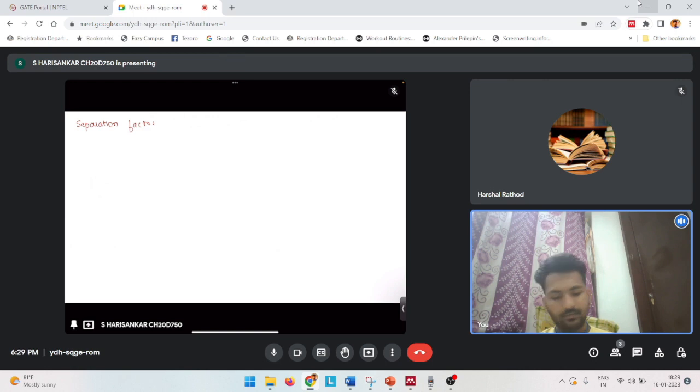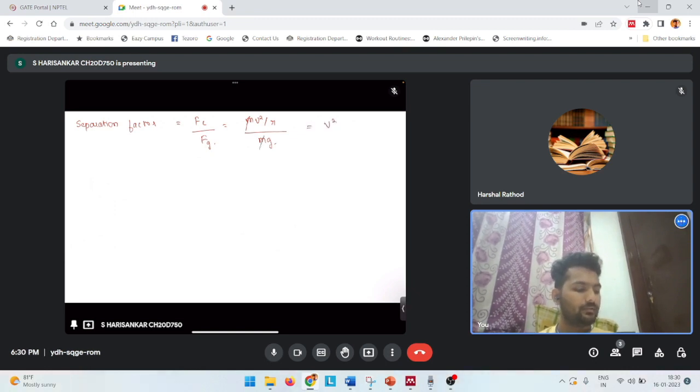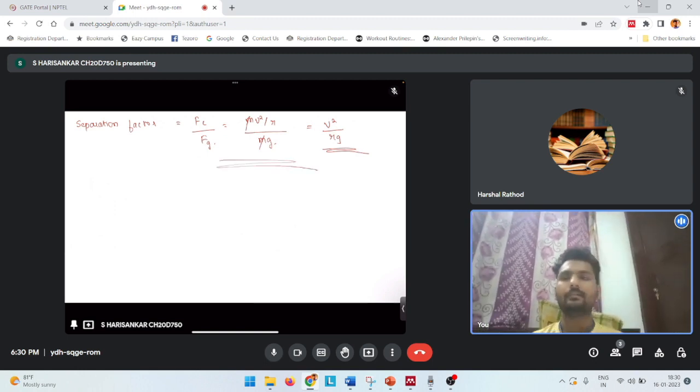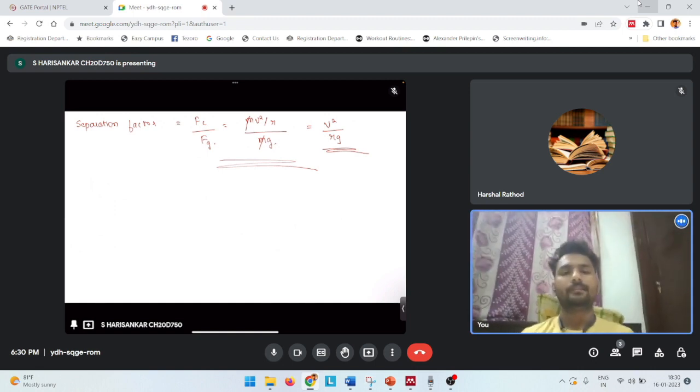The separation factor is basically the ratio of the centrifugal force to the gravitational force. The centrifugal force was m v square by r, and the gravitational force was mg. You can cancel the m, and it will be v square by r g. This is called the separation factor of a cyclone separator.